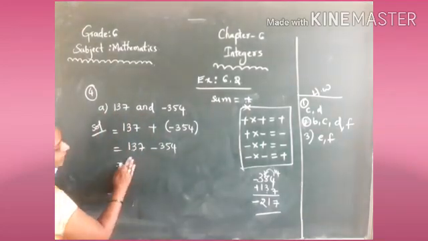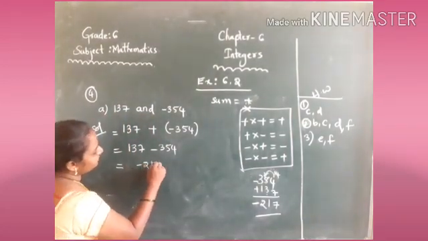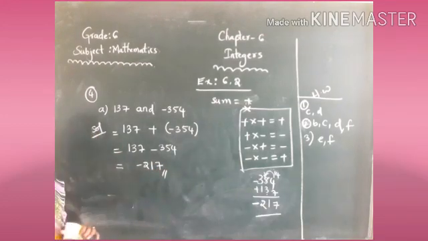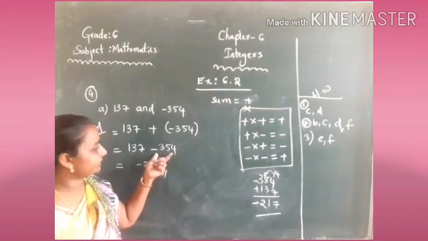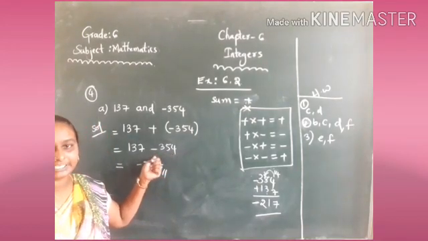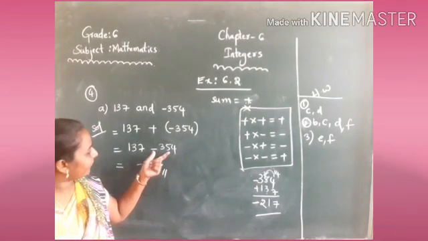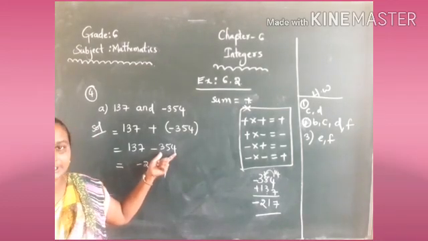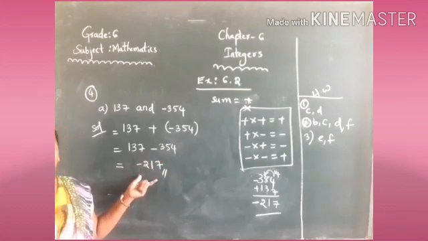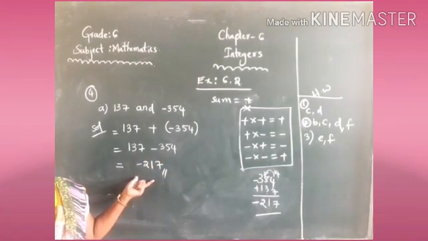Okay, so what it gives? Minus 217. Okay? Greater value, but here it has negative sign. So which integer is greater, that integer which sign contains, that sign you should give. You have to remember always.